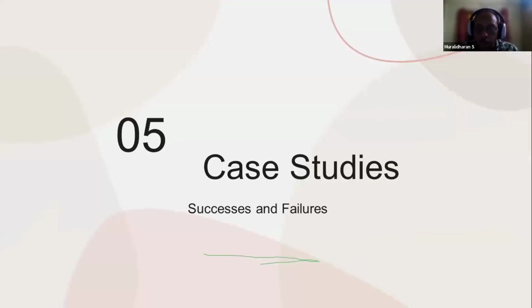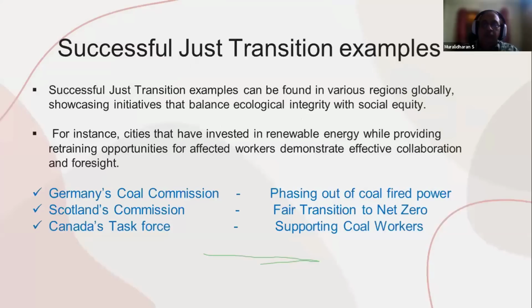Now let me come to some of the successes and failures, what I just wanted to say. Now you will be in a position now to appreciate those challenges when we talk on the concept of just transition, which has got itself embedded in the preamble of Paris Agreement. So it is something which will have to be taken into consideration.